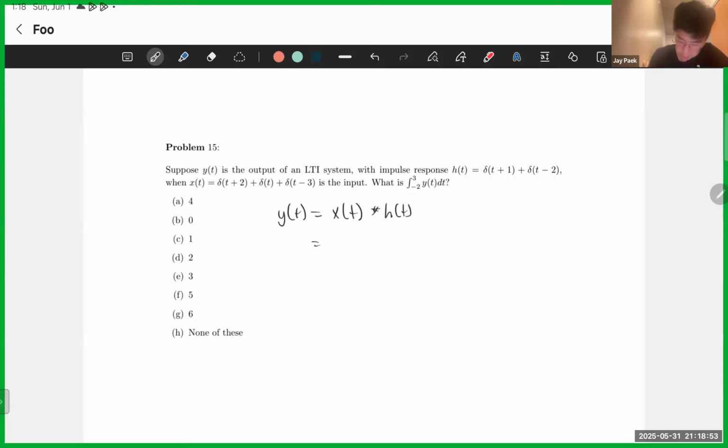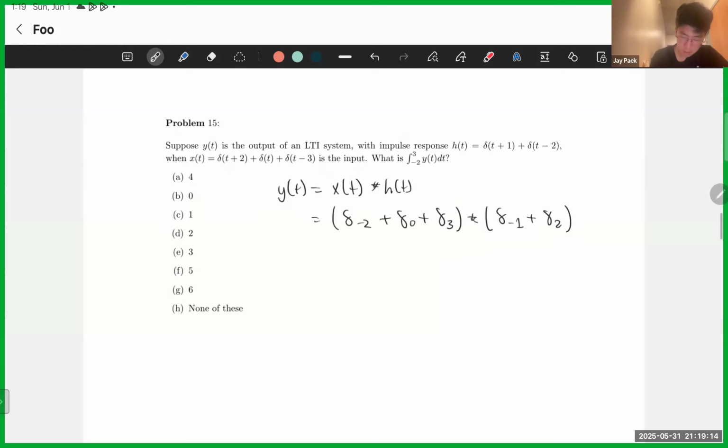And in fact, I will write it out. I like to put down where each delta is placed. It's delta at negative 2, delta at 0, delta at 3, convolved with delta at negative 1 and delta at 2.